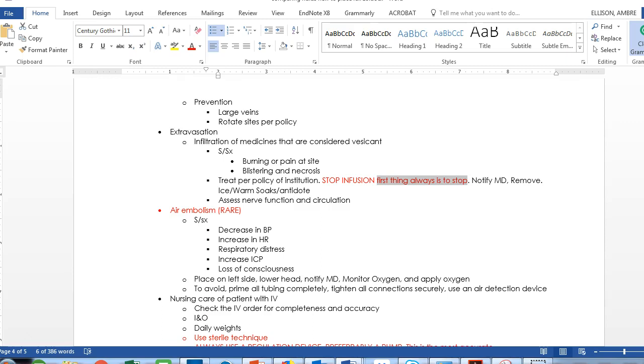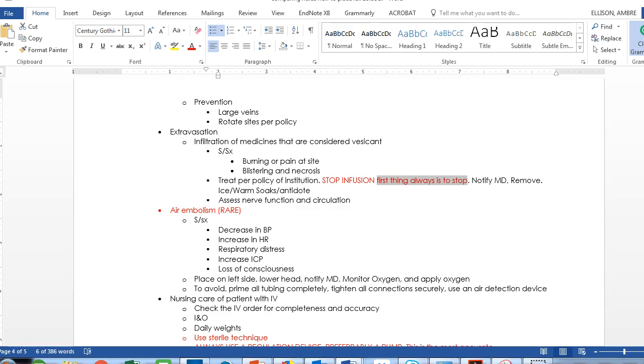If there is a problem with the IV, the first thing you want to do is to stop the infusion. That's the very first thing that you do, stop the infusion, because you're just continually putting it into their vein if you don't stop the infusion. After you stop the infusion, you're going to notify the doctor and perform any interventions that need to be performed.